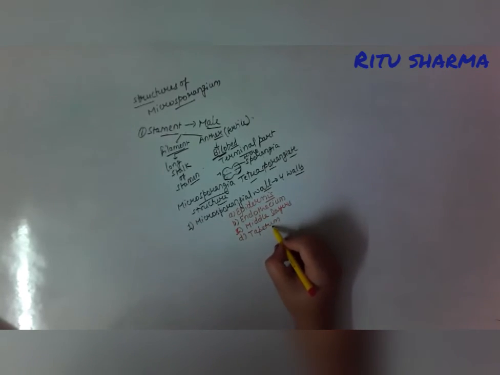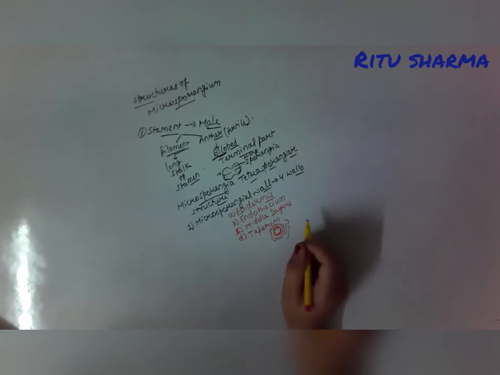Here the tapetum is just the outer covering of the sporangium. Then middle layers, 3 or 4 layers of middle layers surrounding the tapetum. Tapetum surrounds the sporangia, and then tapetum is followed by middle layers, middle layers followed by endothecium, endothecium followed by epidermis, and the epidermis is the outermost part of the microsporangia.